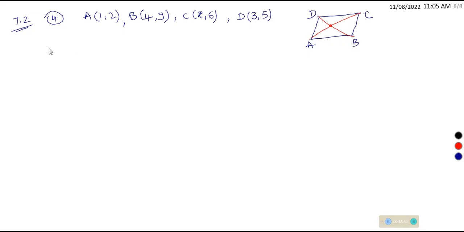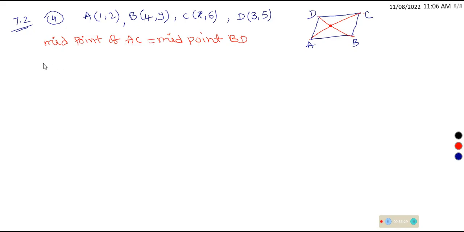That means the midpoint of AC is equal to the midpoint of BD. Both represent the same point, that is the middle point. So let us see how to find this x and y.